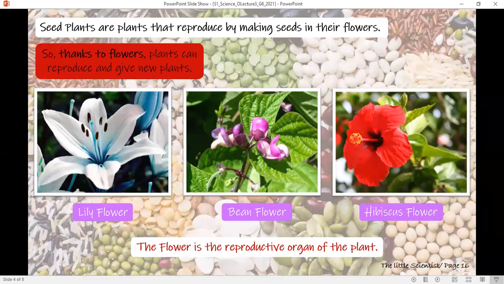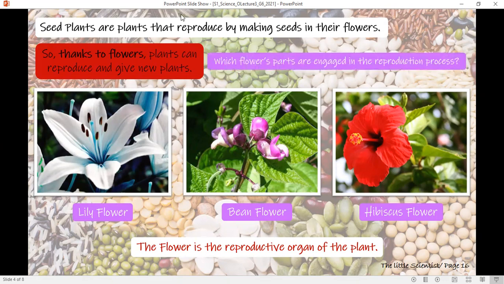In these flowers, seeds will be formed. And once the seeds are in the soil, in the needed conditions, new plants will grow. This way, a new plant is made or produced out of an old one.